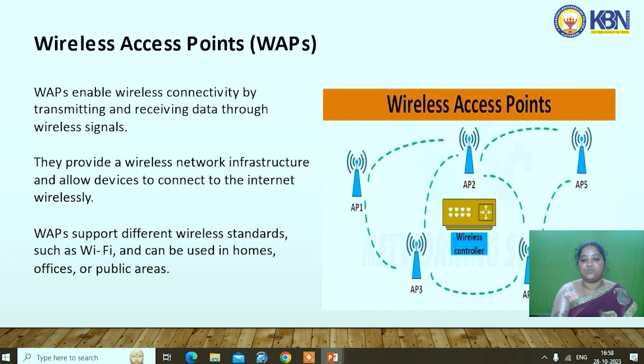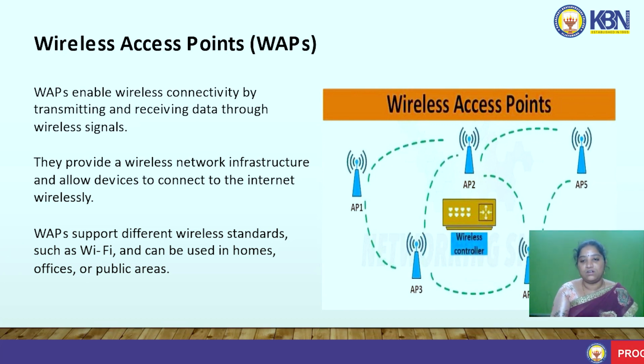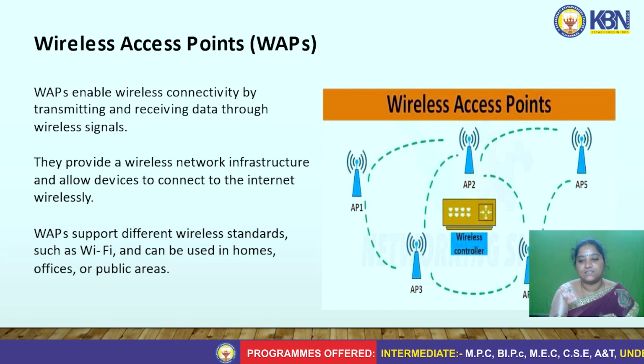The wireless controller, there is no wire in between the areas, and it is also one of the main examples of Wi-Fi. Wireless standards can be used in Wi-Fi, as you know, in our homes, offices and other public areas. So these are the wireless access points.